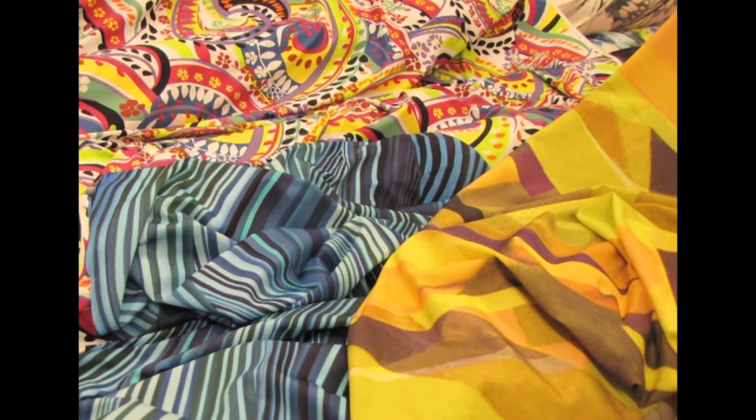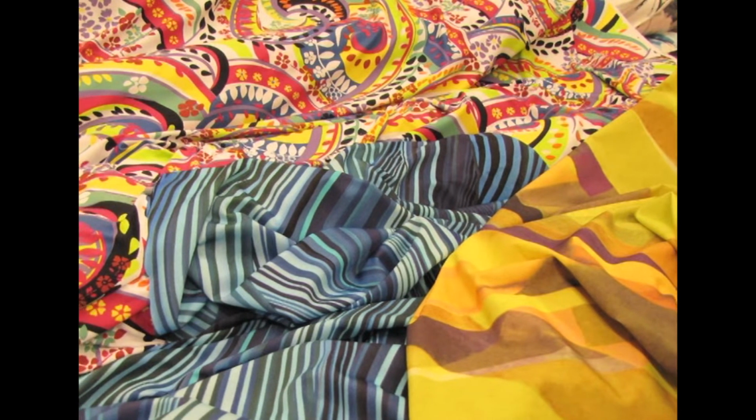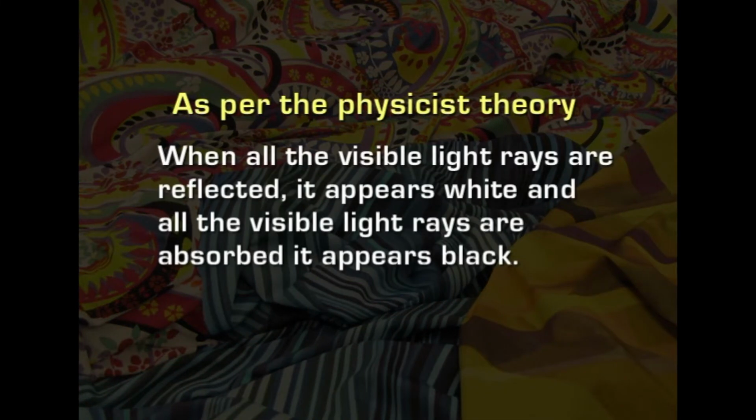The visual sensation of color through the human eye is possible due to the reflection of light from any surface. As per the physics theory, when all the light rays are reflected from any surface, it appears white, and when all the rays of light are absorbed, it appears black.